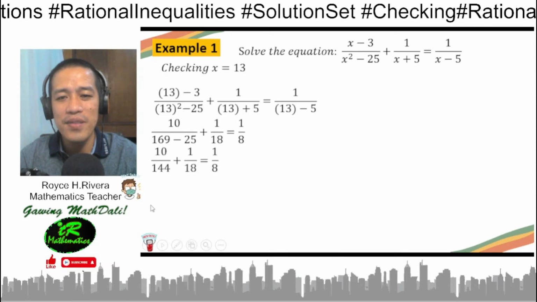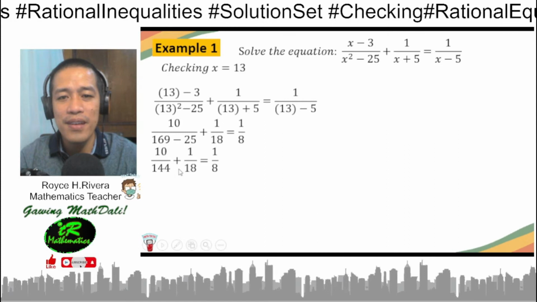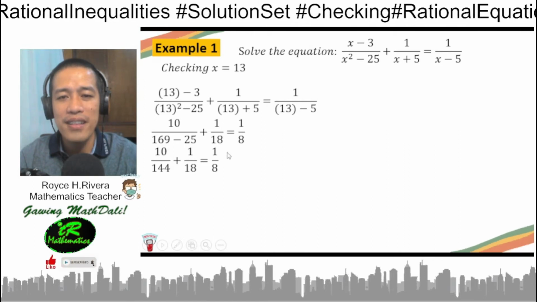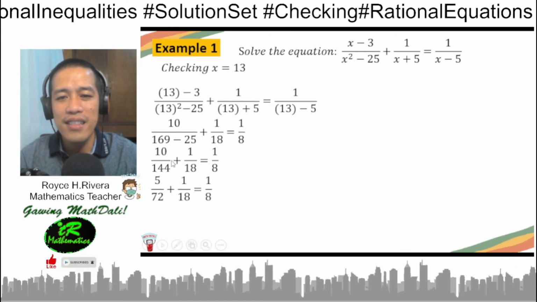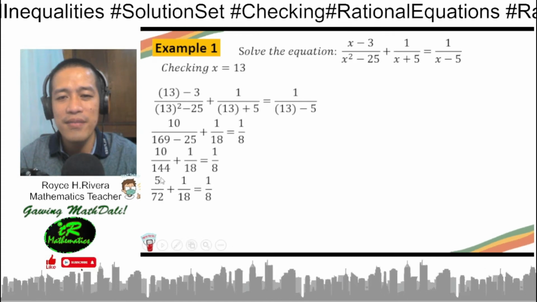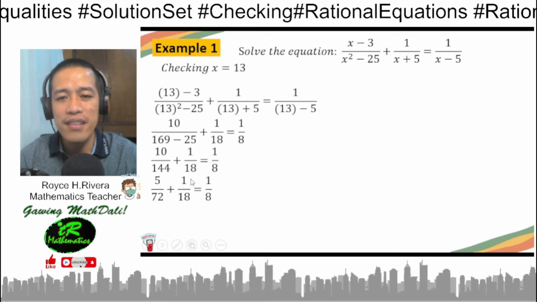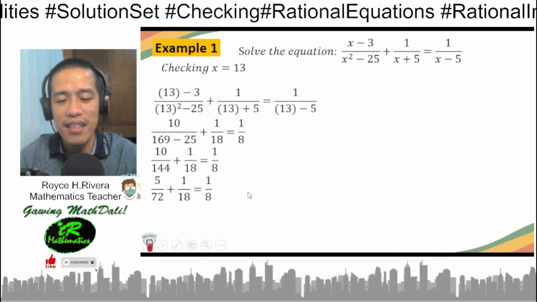To continue, we will get 10 over 144 plus 1 over 18 equals 1 over 8. Reducing 10 over 144 to lowest term, we get 5 over 72 plus 1 over 18 equals 1 over 8.